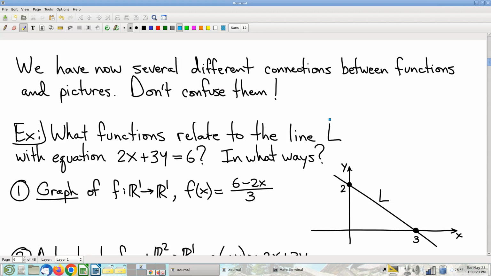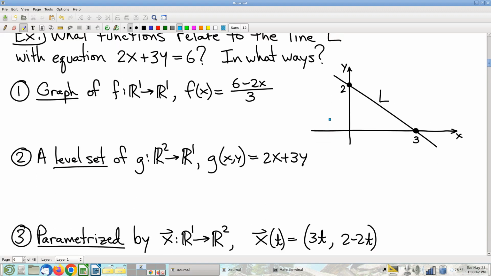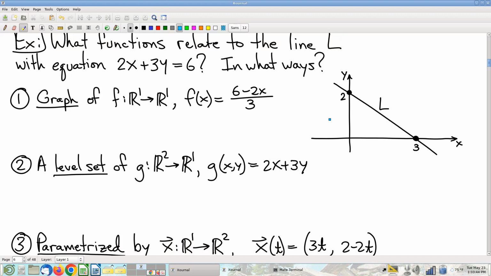Okay, now, we've talked about how, given a function, you can make the graph, you can make level sets, etc. I want to go backwards now. Given a set, what are the functions that you can use to describe it?